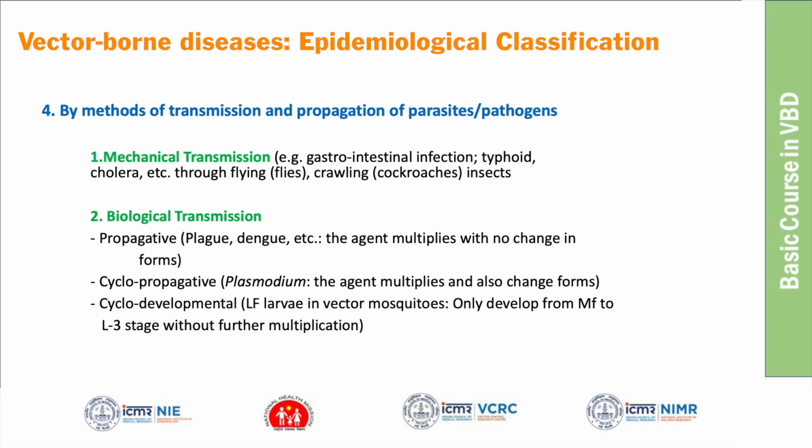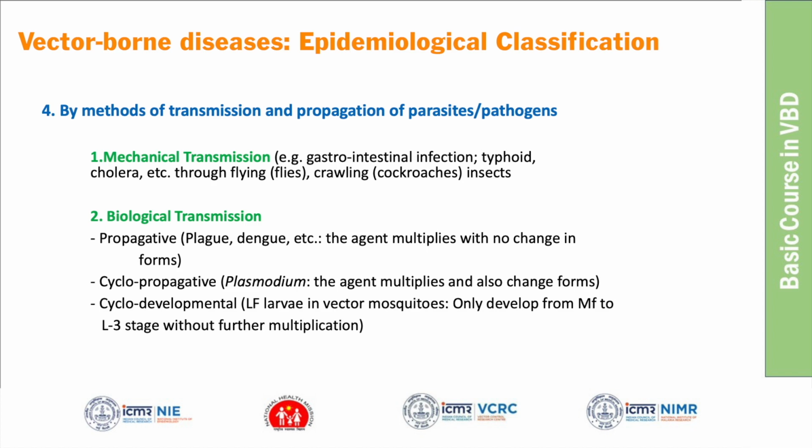So we have learned that in this particular case, there are two kinds of vectors: mechanical vectors, which cause mechanical transmission by simply transporting the pathogen from the infected surface to the food or to the water and cause infection by simply ingestion. And in case of biological transmission, either it is propagative.